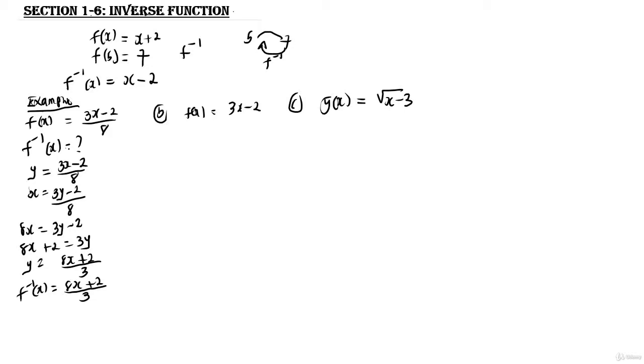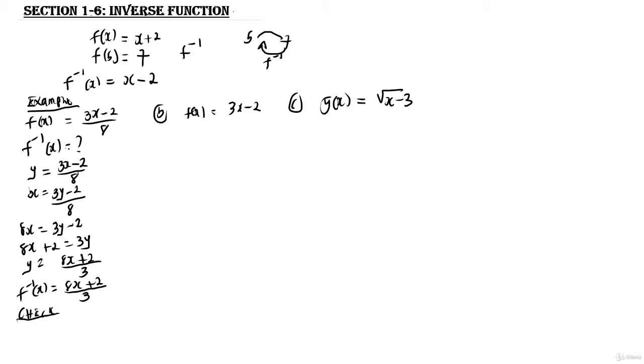But guys, we are always going to check our answer so that we know if this is actually correct or not. So we are going to plug in any number into the original function.